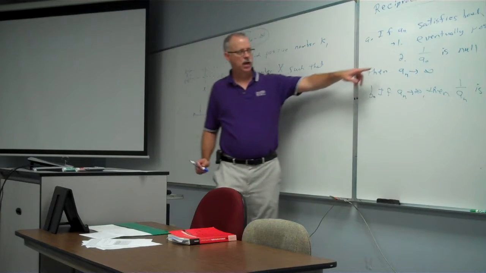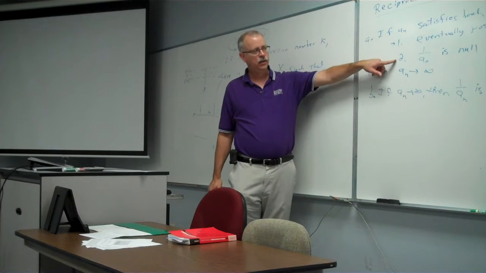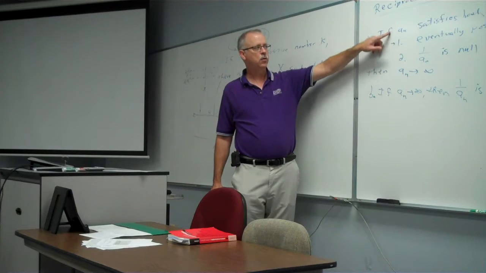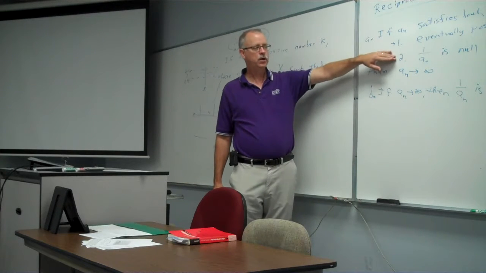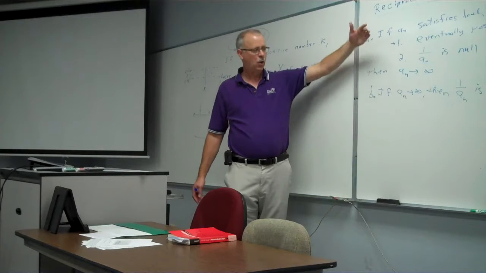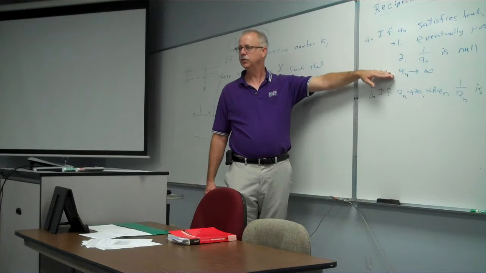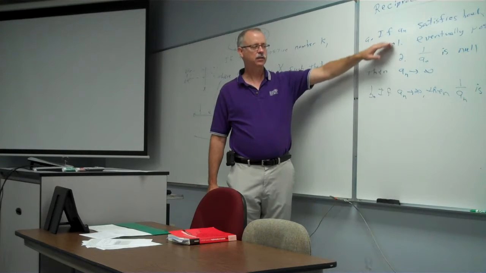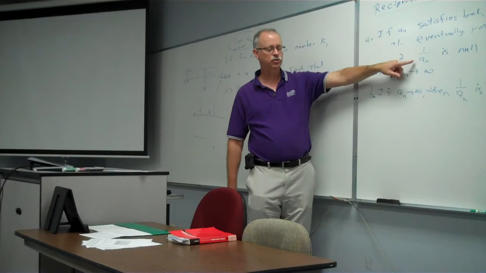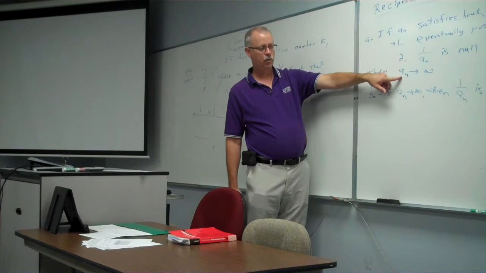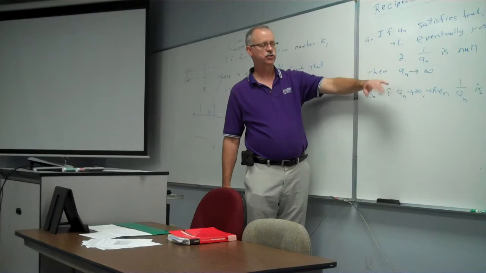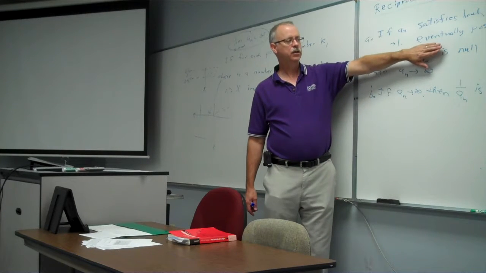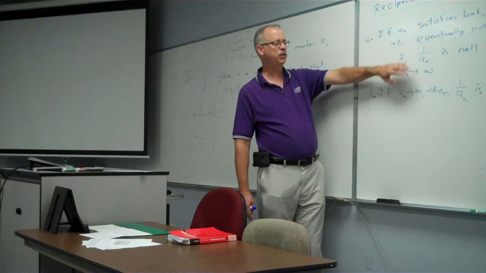I guess this other hypothesis is hopefully fairly clear. If we've got a sequence that's eventually positive and we don't know anything about the inverse, why would we expect to know anything about the original sequence? We have to nail down something about the inverse before we can conclude something about the original sequence. So this one taken away is a little bit more obvious.